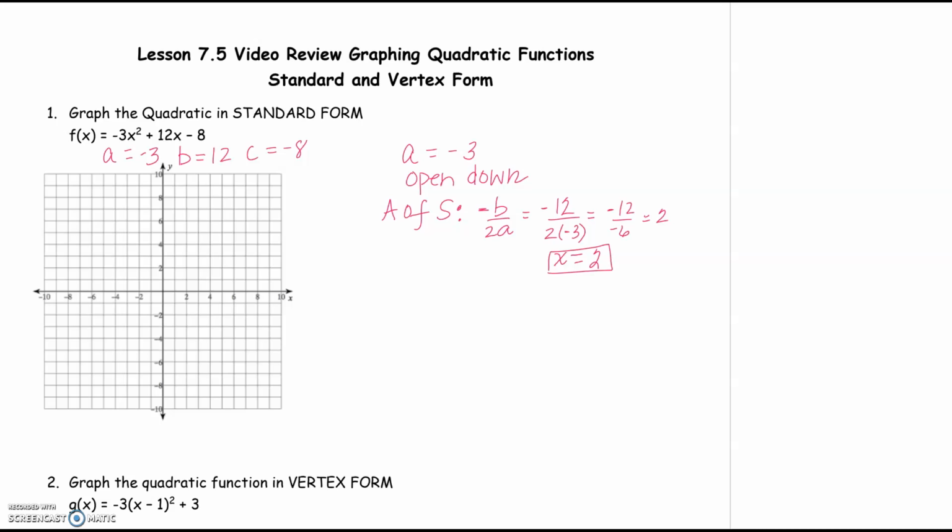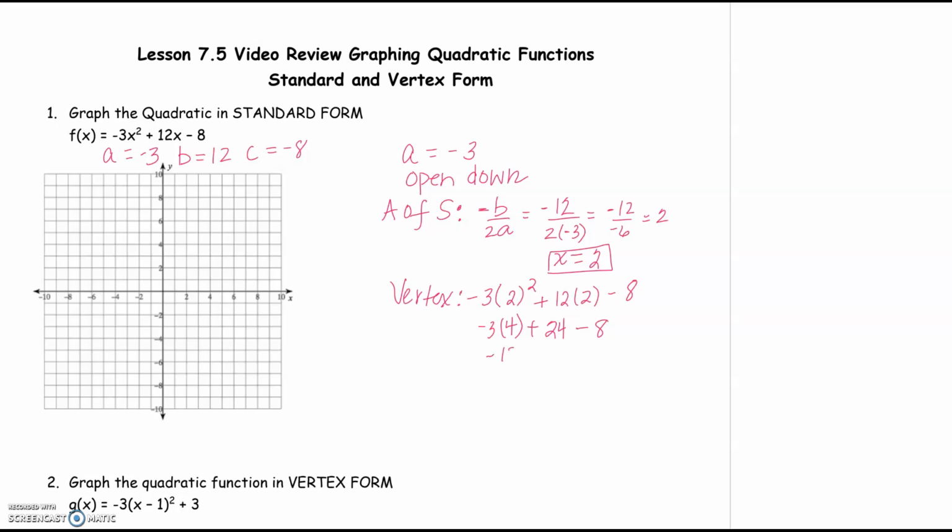We use that axis of symmetry to get our vertex, because the axis of symmetry is our x coordinate in it. So to get the vertex, we are plugging that in for x. So this becomes negative 3 times 2 squared plus 12 times 2 minus 8. Order of operations tells us we square the 2 first. We don't do negative 3 times 2 and square it. When we square the 2, we get 4, and then we're going to multiply it in the next step times negative 3. 2 times 12 is 24 minus 8.